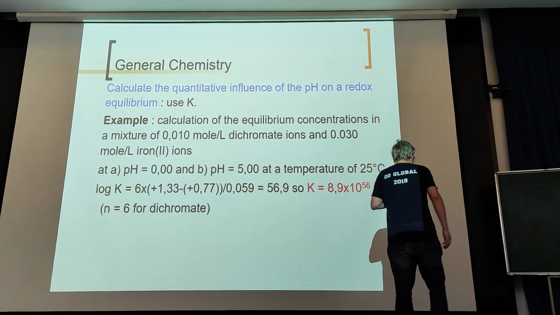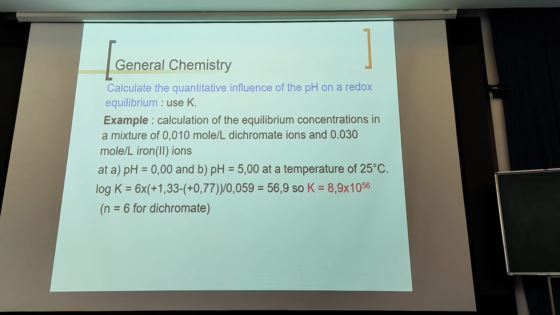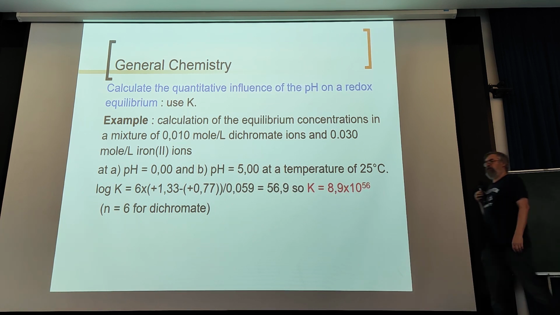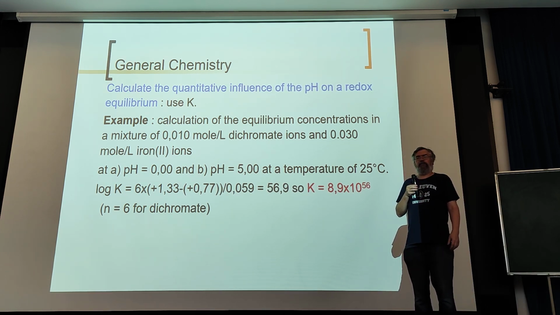But let's first calculate our equilibrium constant. We can calculate that this is again very huge, 8.9 times 10 to the 56. How do we do that? Well, N is the amount of electrons involved in the reaction.